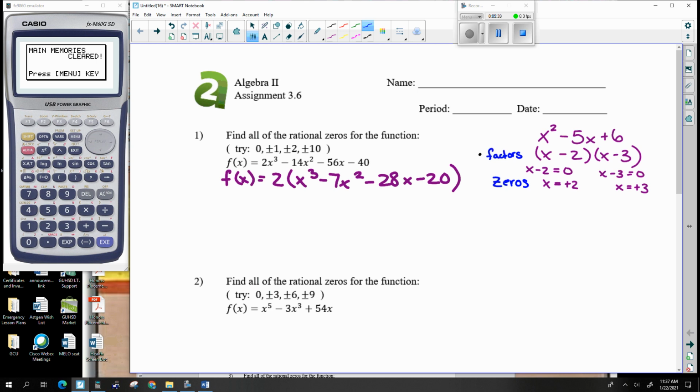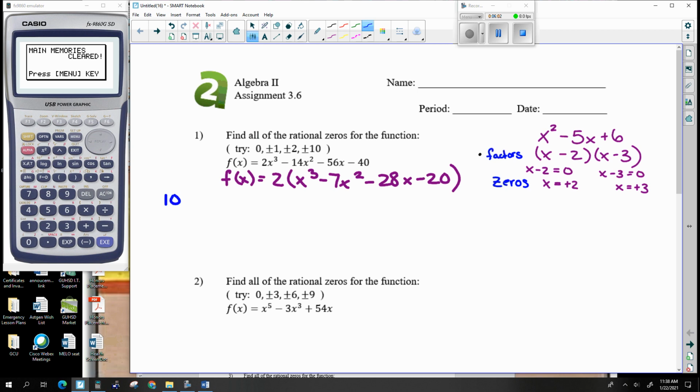Now I'm going to try some of these numbers, to see if I can get a 0 out of using them, or factor it anyway. I think I remember this from the last assignment. I think 10 is a zero, or 10 is a factor, so I'm going to start there.